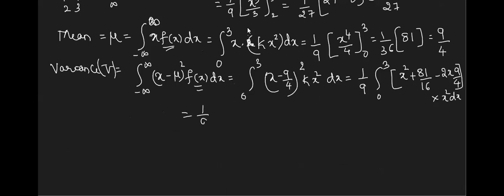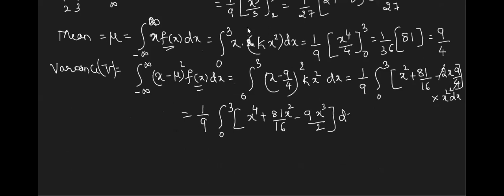This is 1 by 9, 0 to 3. If you take x square inside, x raised to 4 plus 81 by 16 minus, 2 twos are, sorry, x square will come for this, 9x into x square means 9x cube by 2. I'll give you a little work: integrate it and tell me the answer in the next class. Okay.